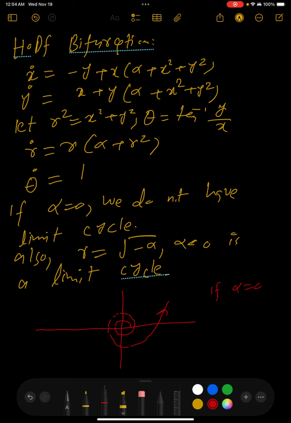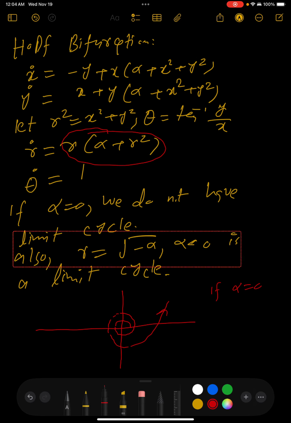Also, if alpha is greater than 0, we look at the linear part of r dot. So if alpha is greater than 0, surely again we have an unstable solution. So if alpha is equal to 0 or alpha is positive, we have a similar kind of scenario. Why? Because it is unstable and the solution will move away from the origin.